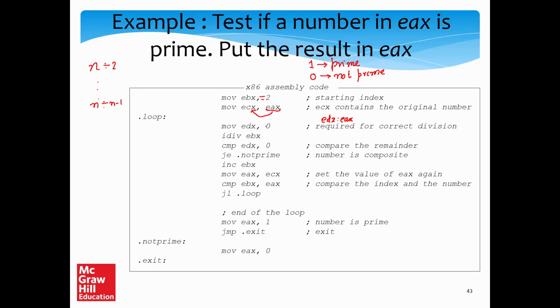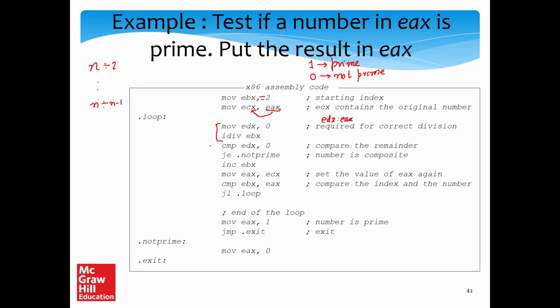When the number is positive, the value of EDX will be 0 because we are just extending the sign of a positive number, and the sign bit of a positive number is 0. So we move 0 to EDX. This is needed for division, and then we divide by the value stored in EBX, which is 2 for the first iteration.